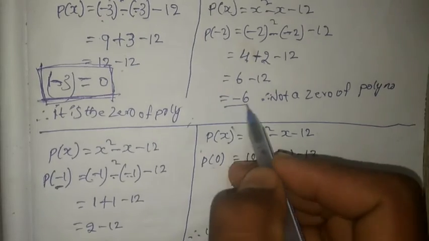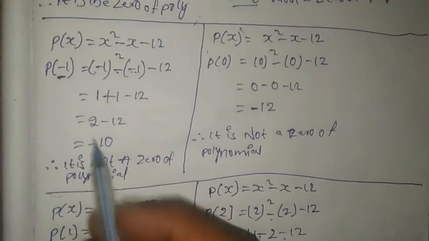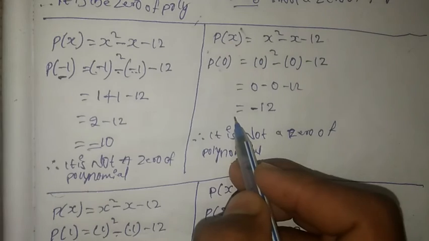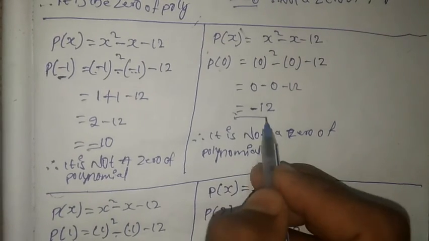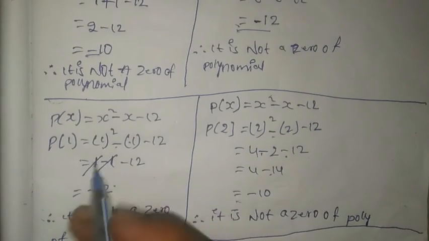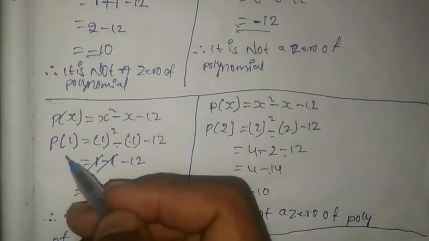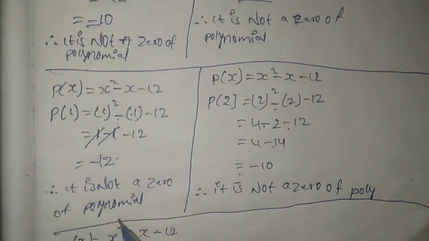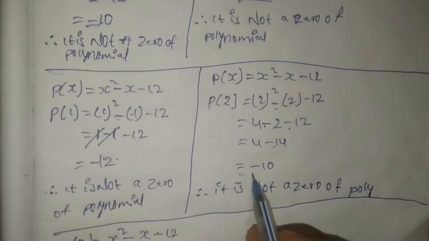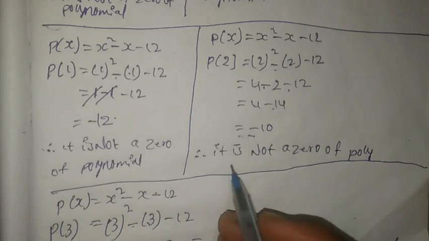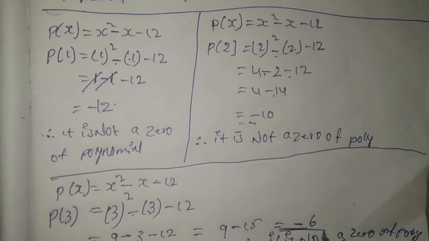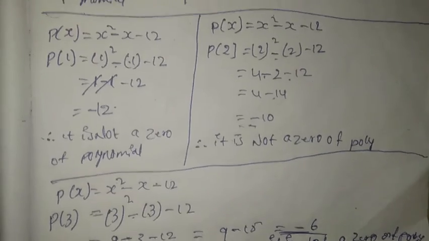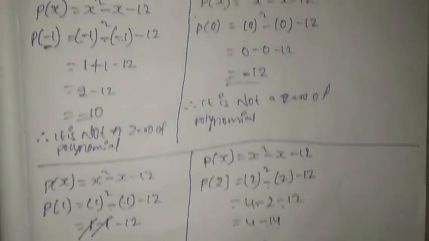The remaining: when you substitute minus 2 the answer is minus 6, minus 1 gives minus 10, 0 gives the constant minus 12, substituting 1 gives minus 12, substituting 2 gives minus 10, and substituting 3 gives minus 6. So the zero of this polynomial is minus 3.